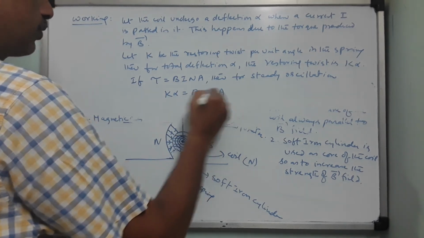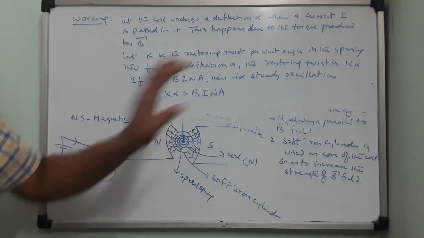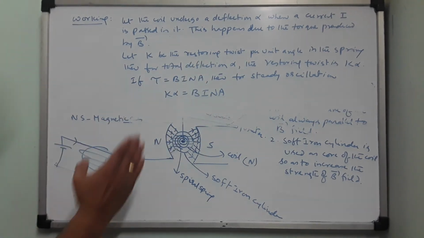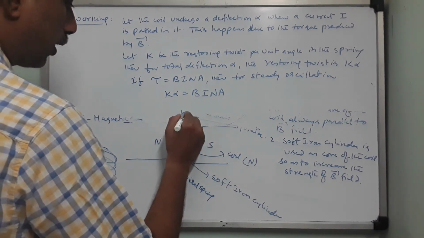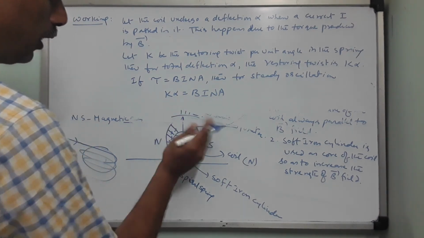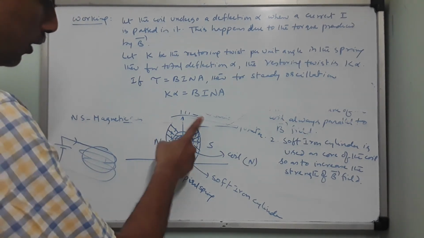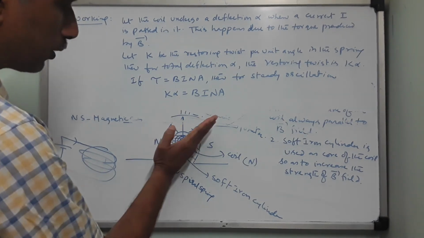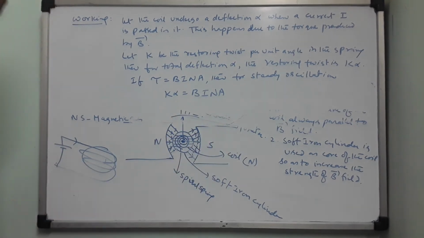So the restoring twist must be equal to the torque experienced. How do you know how much it is getting deflected, children? Here there is a circular scale, I told you. This will tell you through what angle the coil has been deflected. The pointer will move on the circular scale. Accordingly, you can measure the alpha value. Okay, right.